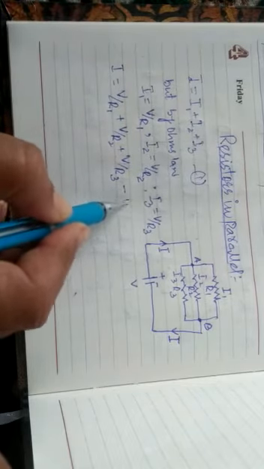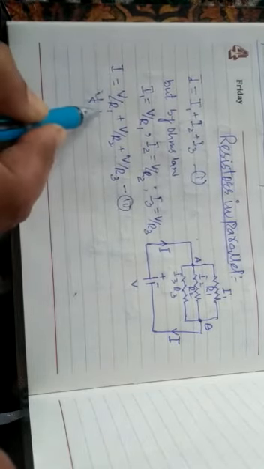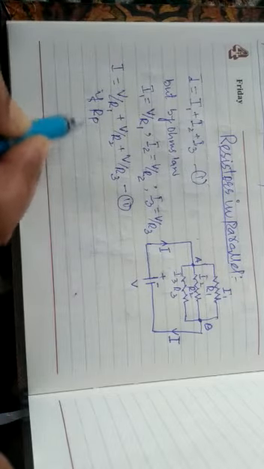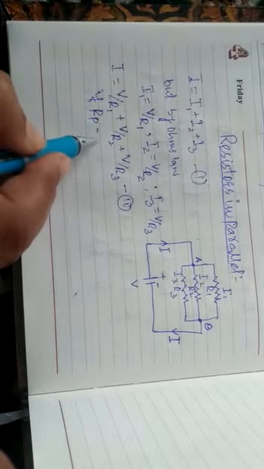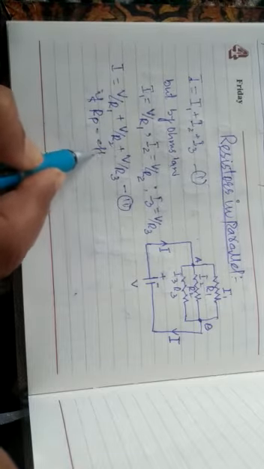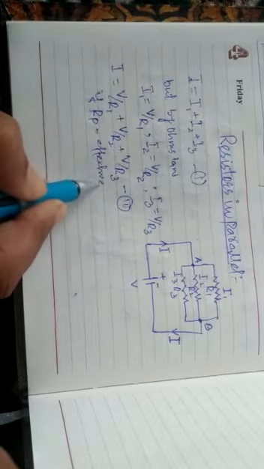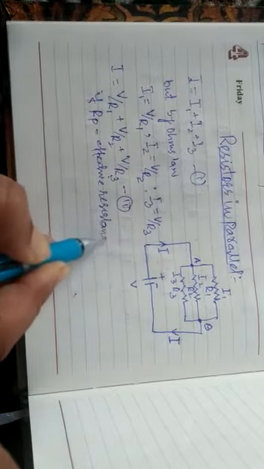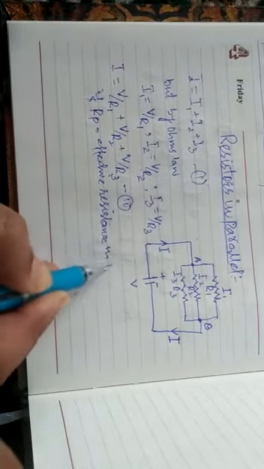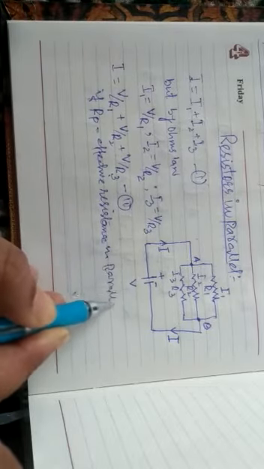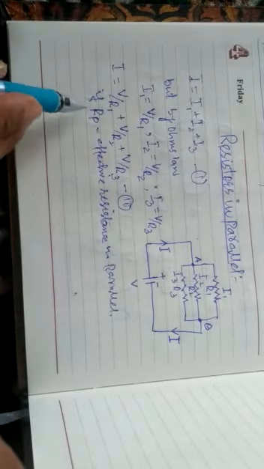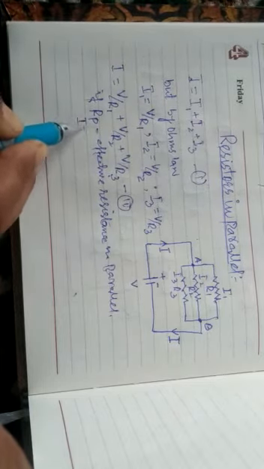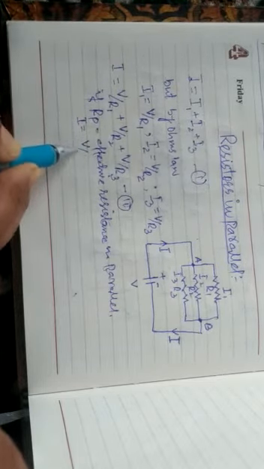Now, if RP means the net equivalent resistance, the effective resistance in the parallel combination, then what can we write? We can write I, the total net current, equals V over RP.